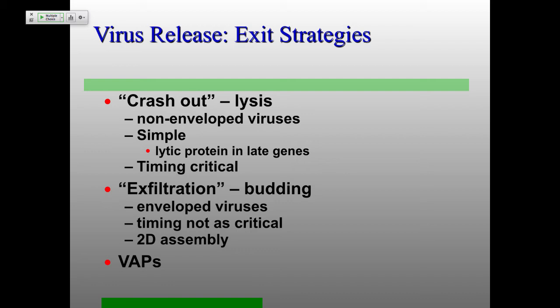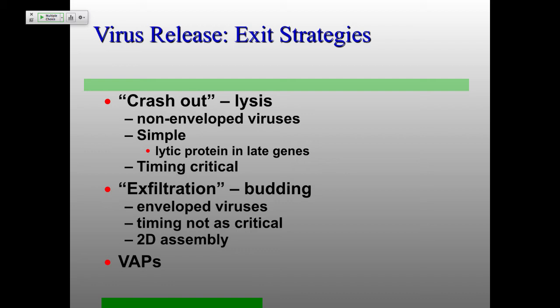There is a pretty major problem with this whole lysis process for getting out of the cells. The timing has to be exactly right because the virus depends on all of the cellular metabolism still functioning in order to make enough of these infectious virus particles. But at the same time, you're making the proteins that are involved in having this cell lysis take place.